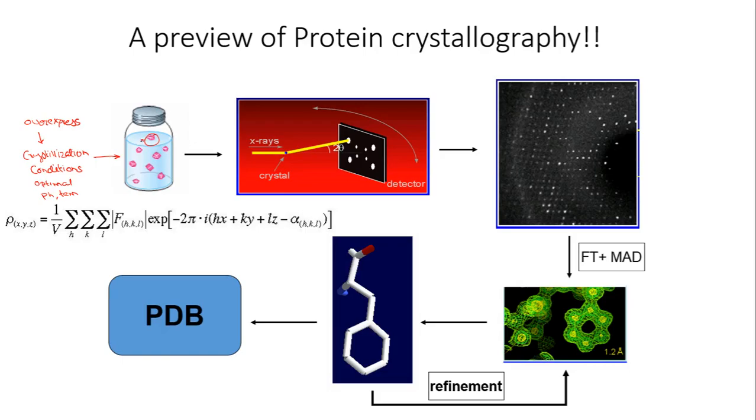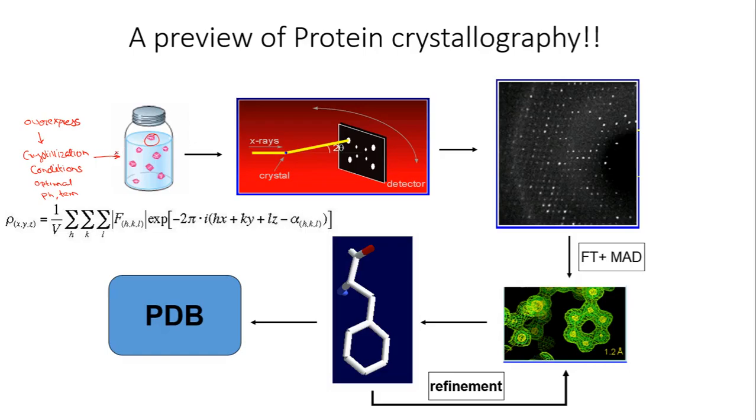Each and every protein being unique, it is very difficult to figure out at what optimal condition, at what optimal pH, at what optimal temperature, at what optimal concentration of that protein will eventually get crystallized. There are techniques like the hanging drop technique by which you can crystallize the protein.